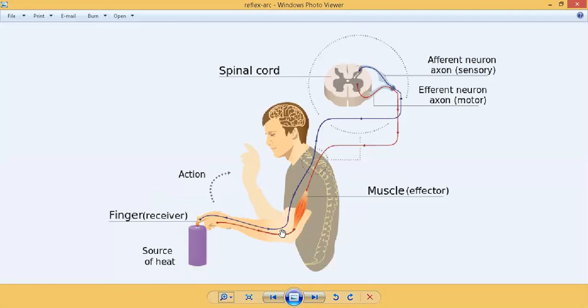Involuntary means it is not under the control of the brain or consciousness; the person's will does not influence it, but it is carried out on its own. Also, it is immediate. The response is very quick.